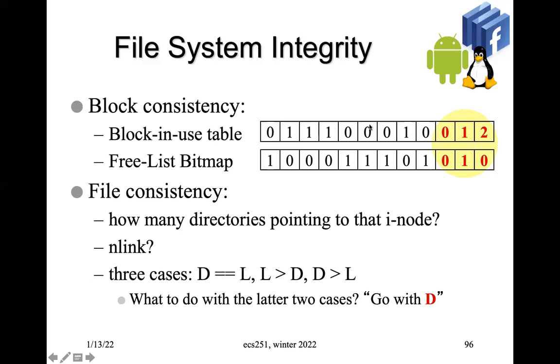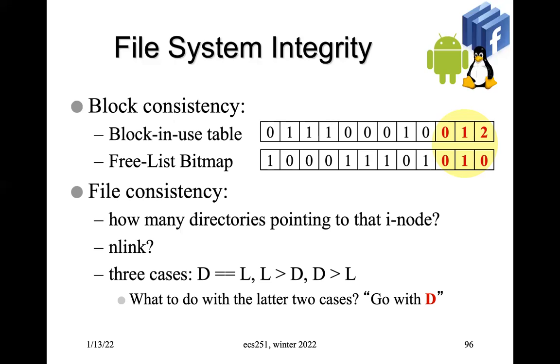Initially everything is 0. When you encounter an inode pointer pointing to this block, you add 1. So suppose your file system is consistent, then your value should be just 0 or 1, because there should be only one inode with one pointer pointing to an in-use block.